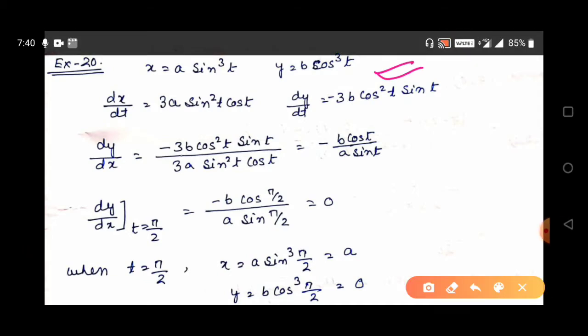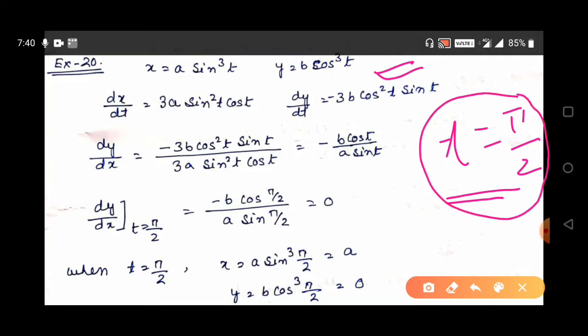We have to find the equation of the tangent to this given curve at the point where t is equal to pi by 2. We don't have the point, we have to find the point. The only given information is at the point where t is equal to pi by 2. So we can find the value of x and the value of y by putting t is equal to pi by 2 here.